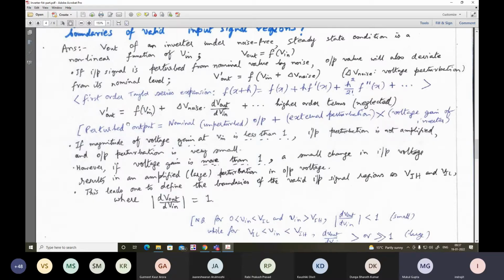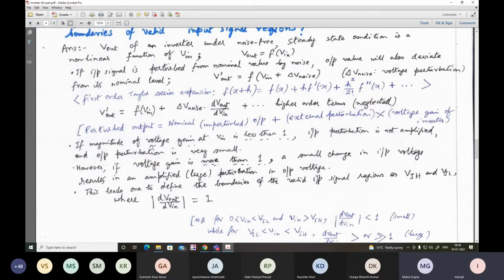That means the output voltage that results cannot be defined as belonging to either logic 0 or logic 1. So some chance of misinterpretation of the output of the inverter will remain. That is why, for practical purposes, the boundary is kept at VIH and VIL respectively for the logic 1 and logic 0 levels of the signal.